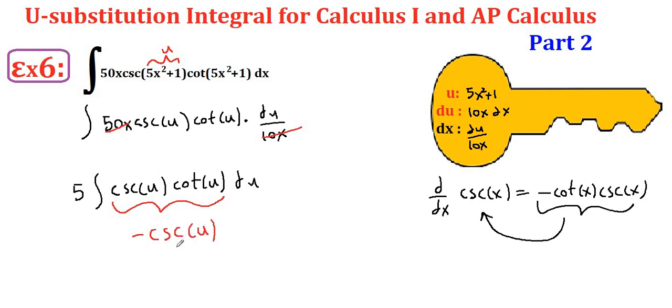In our case, negative cosecant of u. So if you pull the negative sign in front, you obtain negative 5 times cosecant of u plus c. And if you bring u back, you obtain negative 5 cosecant of 5x squared plus 1 plus c.